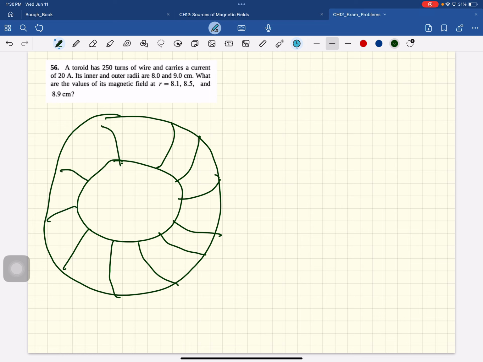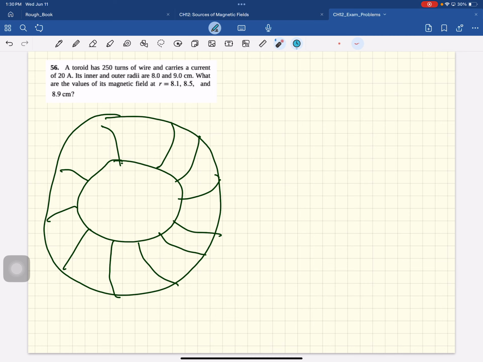Now if the thickness of the donut were small compared to its radii, then the field would be uniform. But this is a small donut. So the inner radius is 8 centimeters, and that's 9 centimeters. So you see the thickness is 1 centimeter. That's about 12% of the radius.